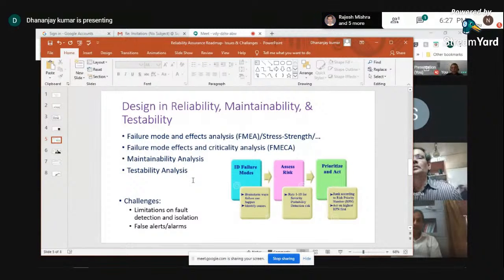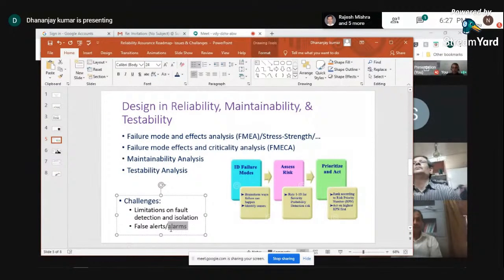And then the other part, the biggest challenge, is that in spite of whatever you do, early on you have a very high rate of false alerts, false alarms. You might have seen this with fire alarms in your building. Many times you get false alarms. Those things we need to test. We do a lot of testing beforehand by stressing the product and looking at what type of alerts, whether it is below 2% false alerts or 1%.